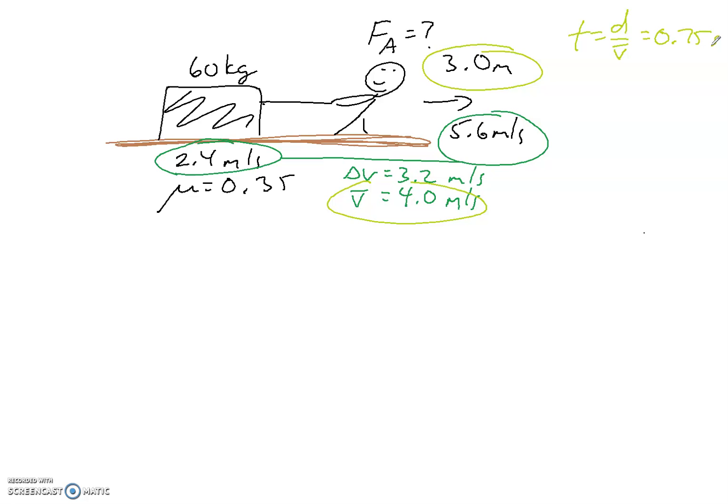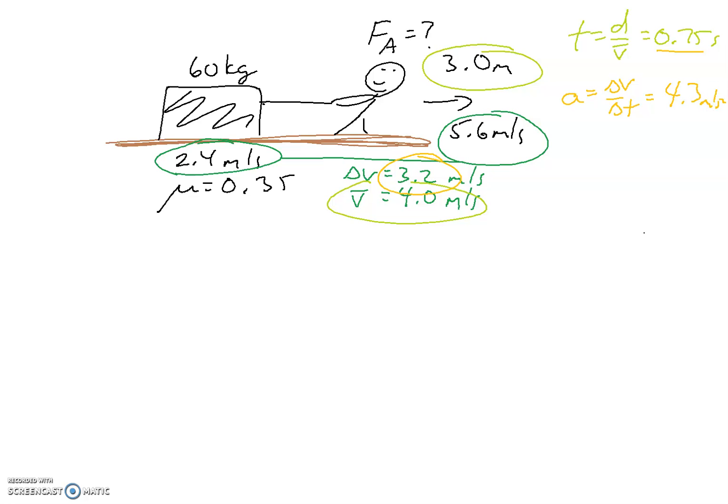Now I can use my time and my delta v to find my acceleration. The acceleration would be the change in v over change in t. So I'll use my 3.2, divide that by my 0.75, and that will give me about 4.3 meters per second squared.